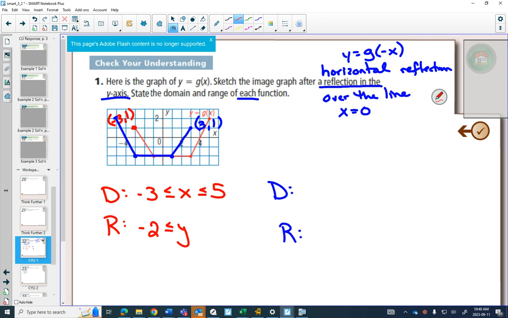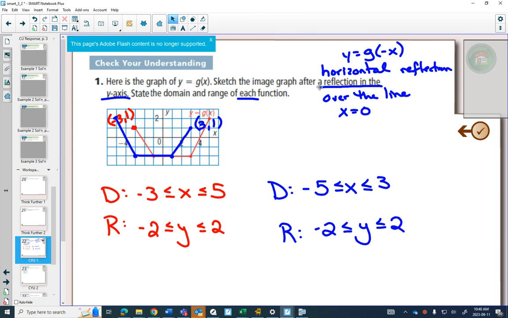My largest y value is +2. Do the same thing with my image graph. Now my smallest x value is -5, and my largest x value is 3. And my range still goes from -2 to 2.